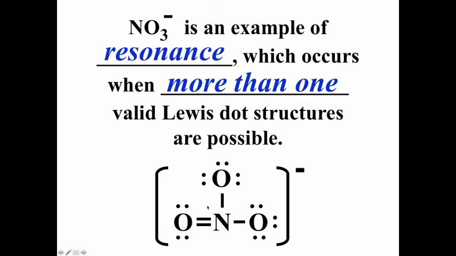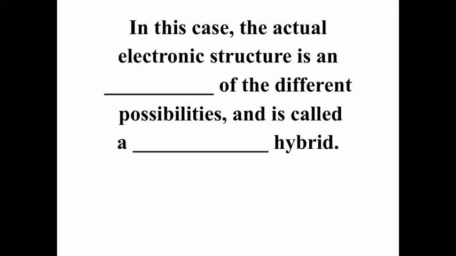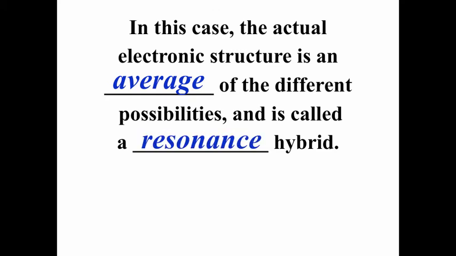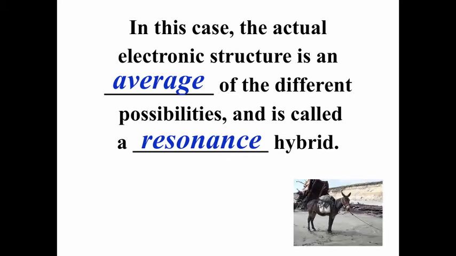And it turns out that none of these are really the right description of the molecule or the ion. In this case, the actual structure is more like an average of these 3 possibilities, and that's what's called a resonance hybrid.